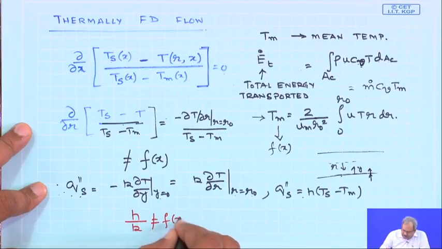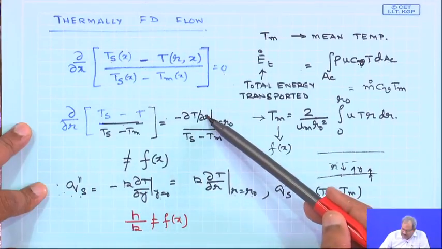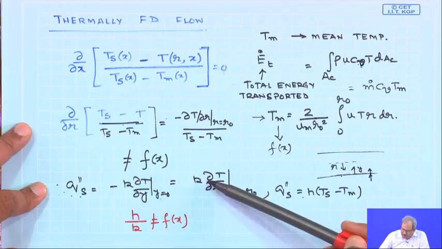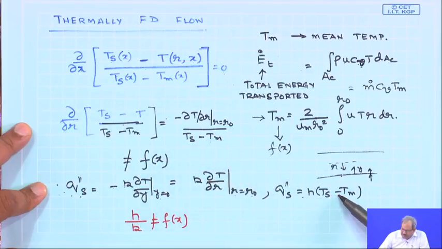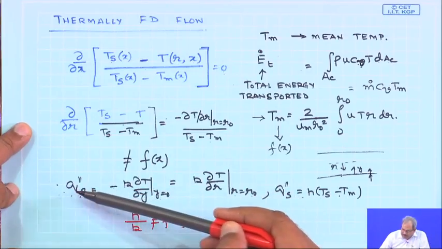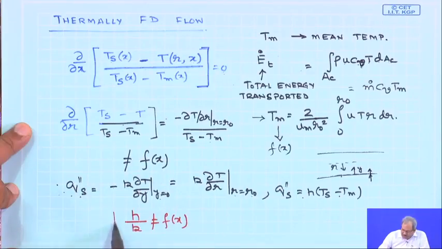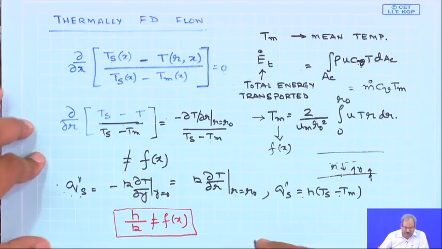So, when you put this over here, the important relation is h by k is not a function of x. When you put del T del r in here from Fourier's law and T s minus T m from Newton's law, the q double prime s will cancel out from the numerator and the denominator. What you are left with is h by k is not a function of x.